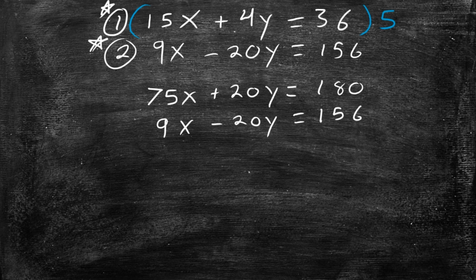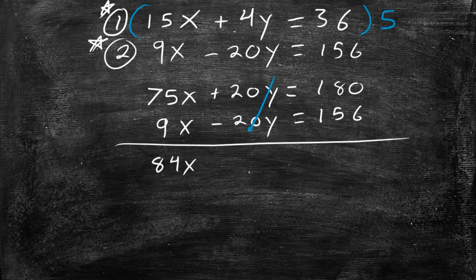Just like that. And when you add these together, you are going to get 84x. The y's cancel. And that is equal to, plug this into the calculator here, 336.